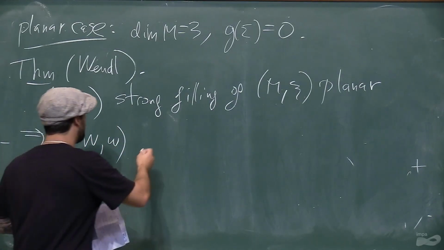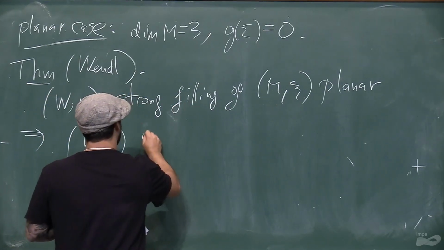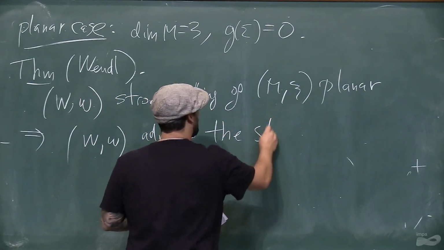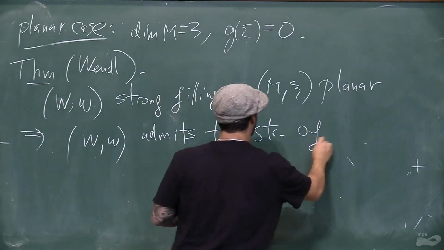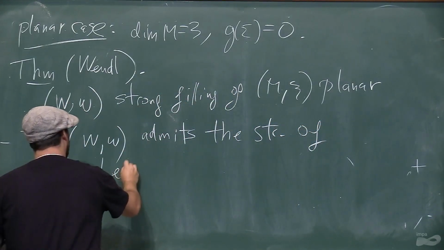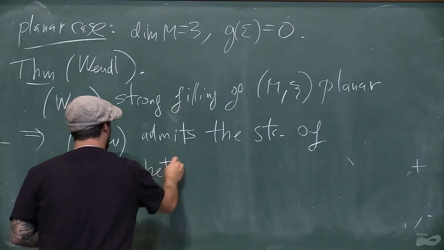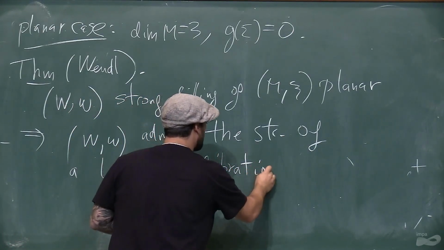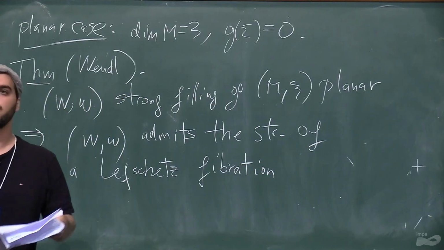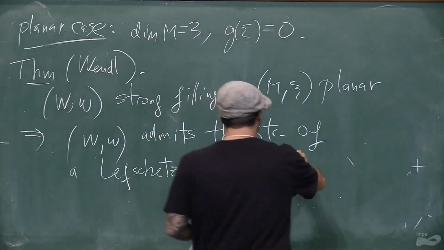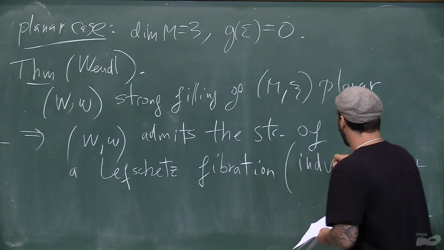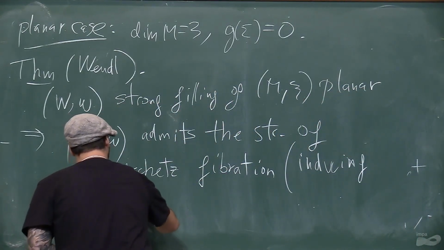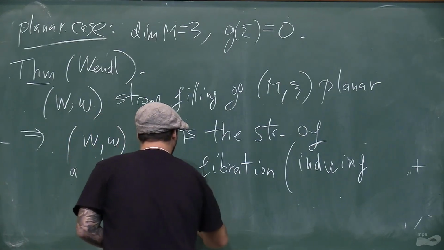It admits the structure of a Lefschetz fibration, which induces the original open book when you take the boundary. So, inducing the original open book at the boundary.